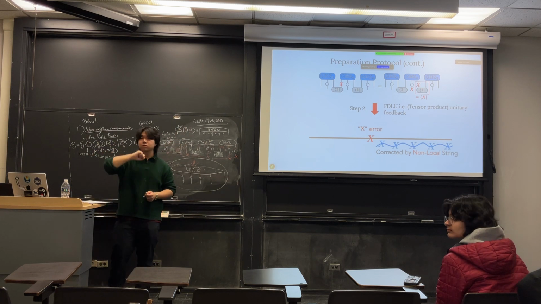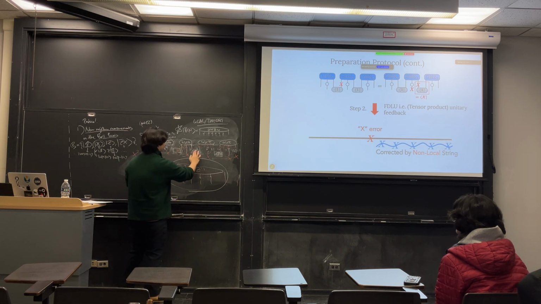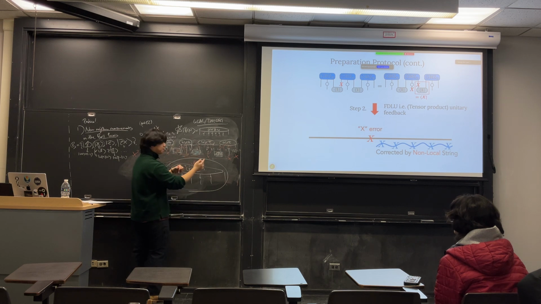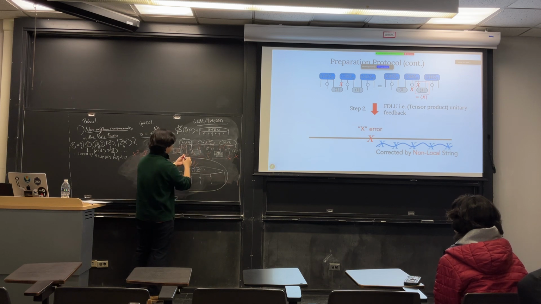Yeah. What happens if you have more than one error? If you have more than one error, suppose we have something like Z instead. What is interesting about Z is that, by the same virtue of being able to push the X out, you can push Z out. So you have a Z here.